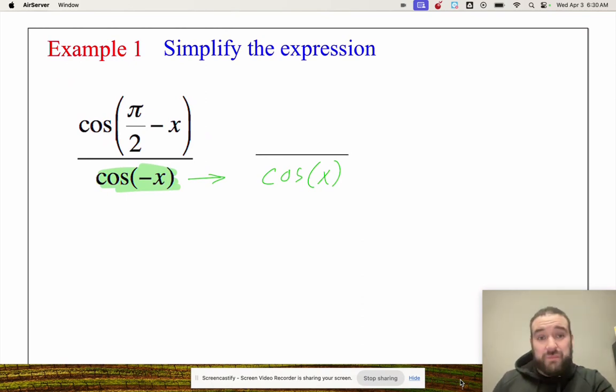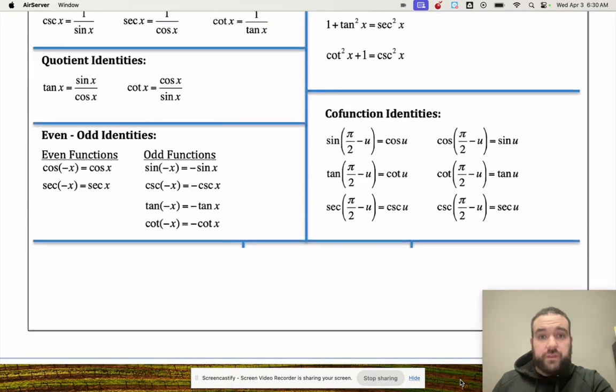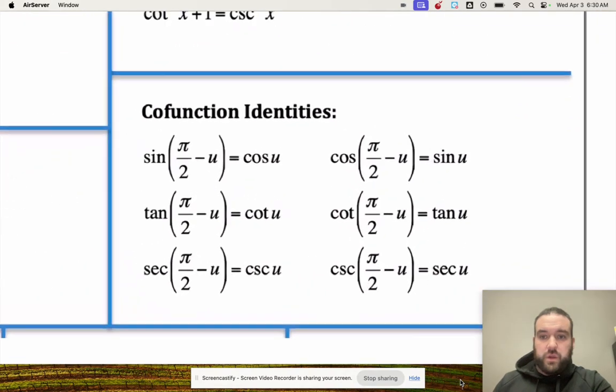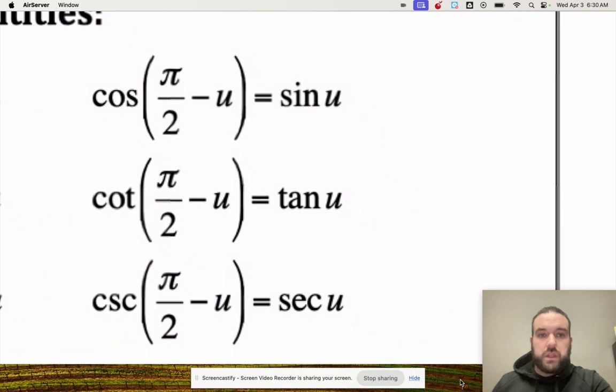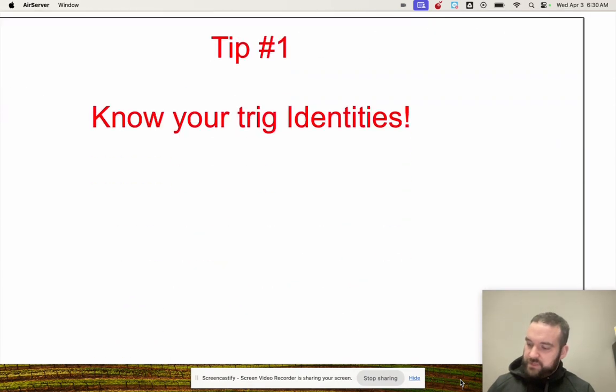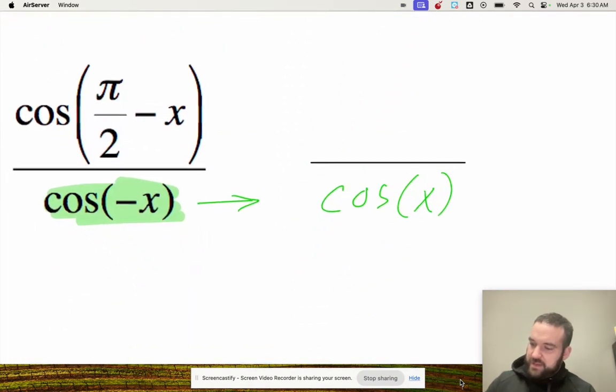And then cosine of pi over 2 minus x, if I scroll back up here, I can see cosine of pi over 2 minus u. They use u, but the variable can be swapped out. The cosine of pi over 2 minus u is just equal to the sine of u. So if I replace the u's with x's, that tells me this is the same as just the sine of x.